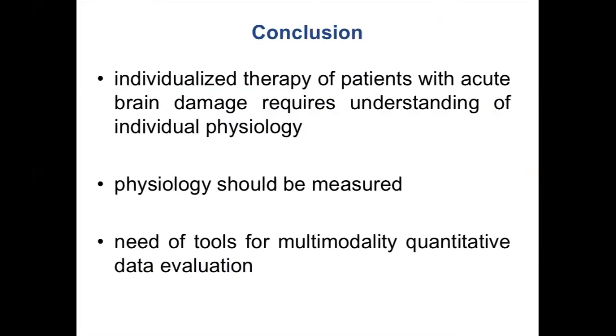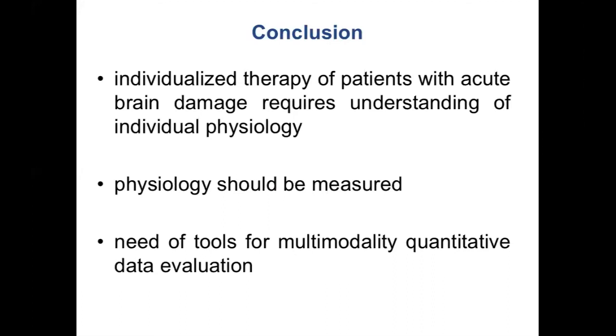So in conclusion, I think that in order to treat our patients at best, okay, we have guidelines, but we need an individualized therapy for our patients, knowing the specific physiology of each patient.